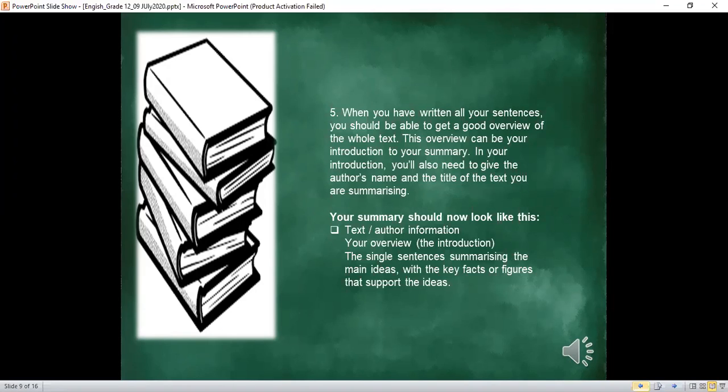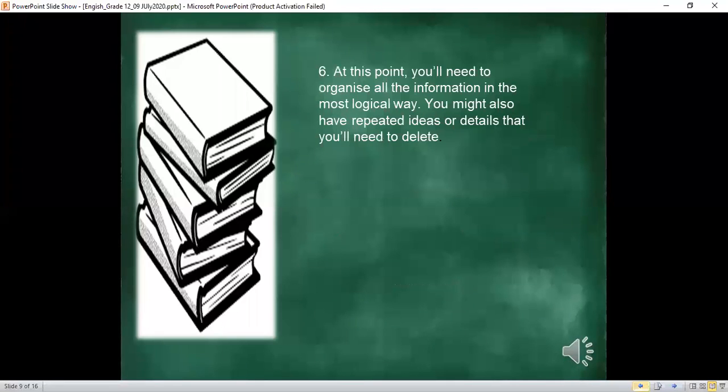It's important to acknowledge the original writer. So that means you should now introduce the overview, acknowledge the author, and then the sentences summarizing the main ideas with key facts and figures.